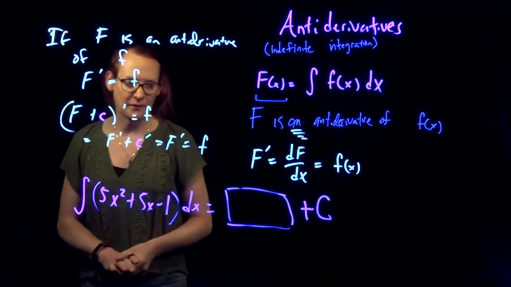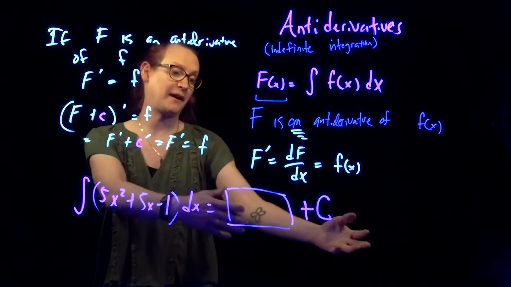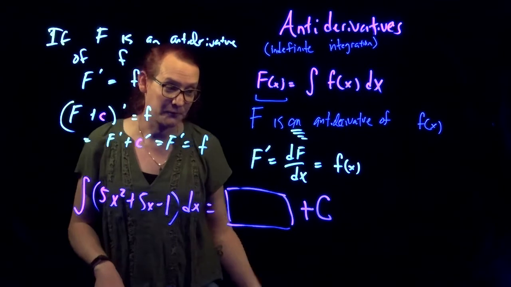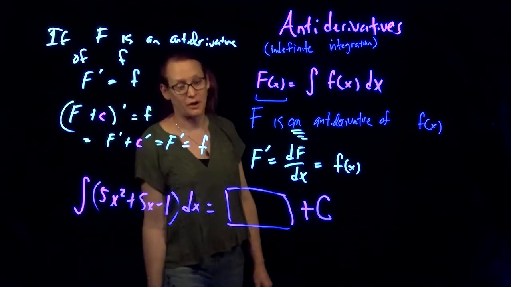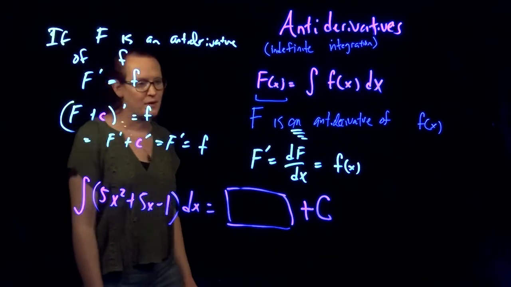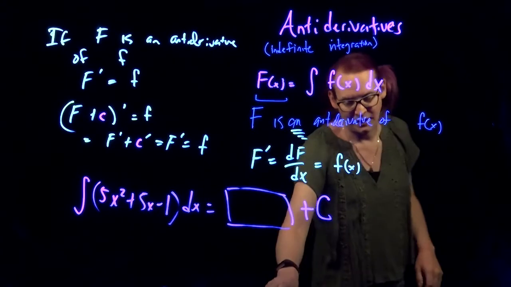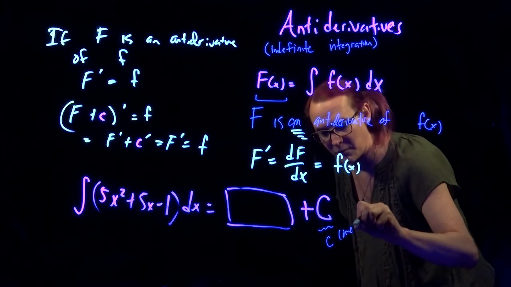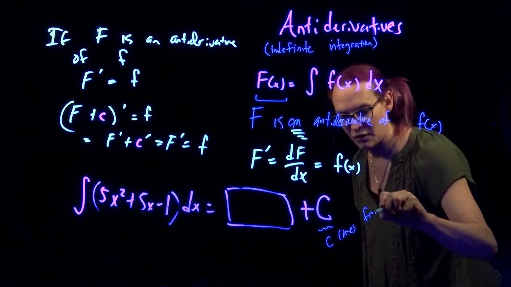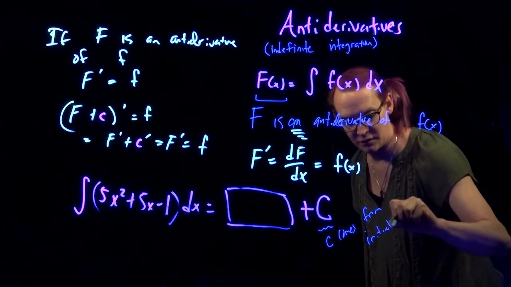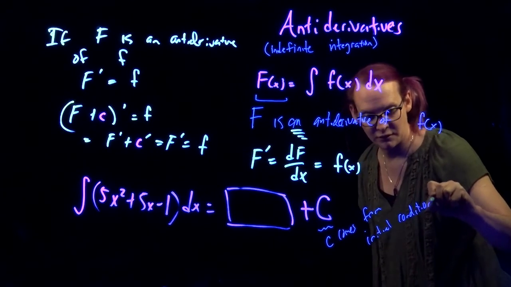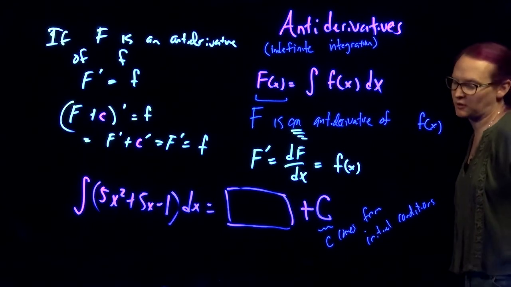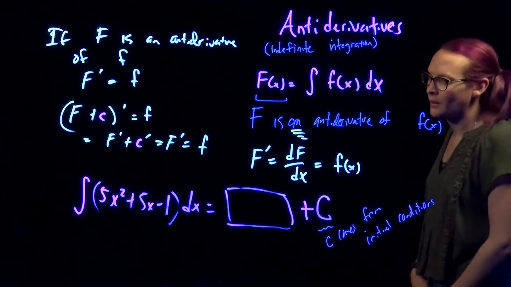And so it captures an infinite family of antiderivatives by putting plus c on the end there. As a kind of coda to that story, if I wanted to find the c, then I would say that c comes from initial conditions, or some other related way of picking out what that particular value of c is.